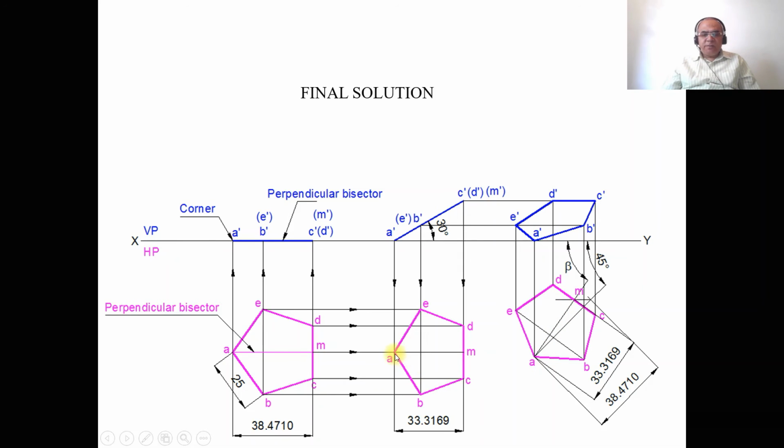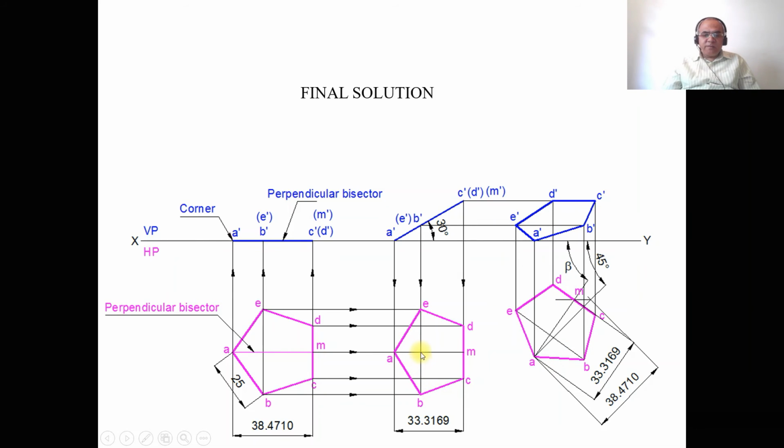Then you measure the distance from A to this point and transfer from A on this beta inclination line, and you mark this point. Through this point, you draw a perpendicular to this inclined line AM, which is the beta inclination line. You mark this as beta.